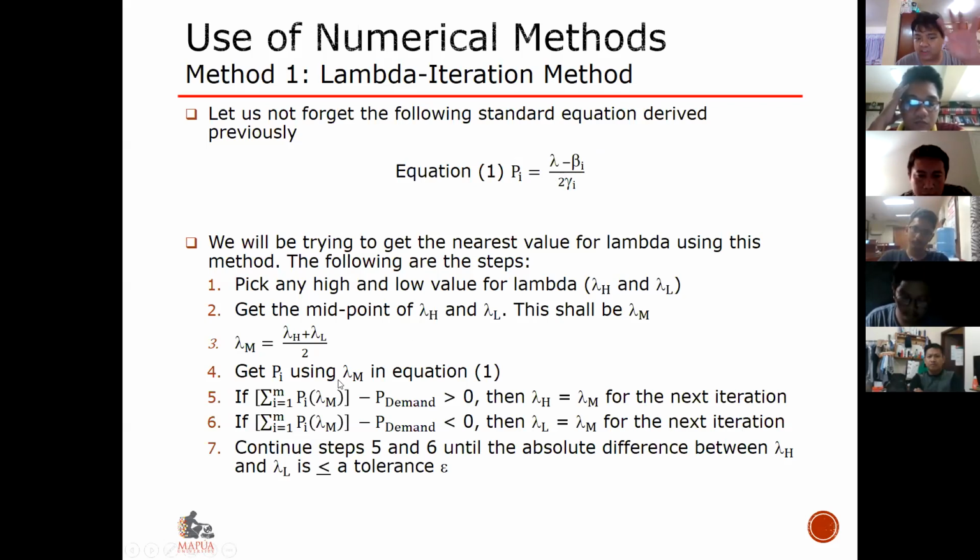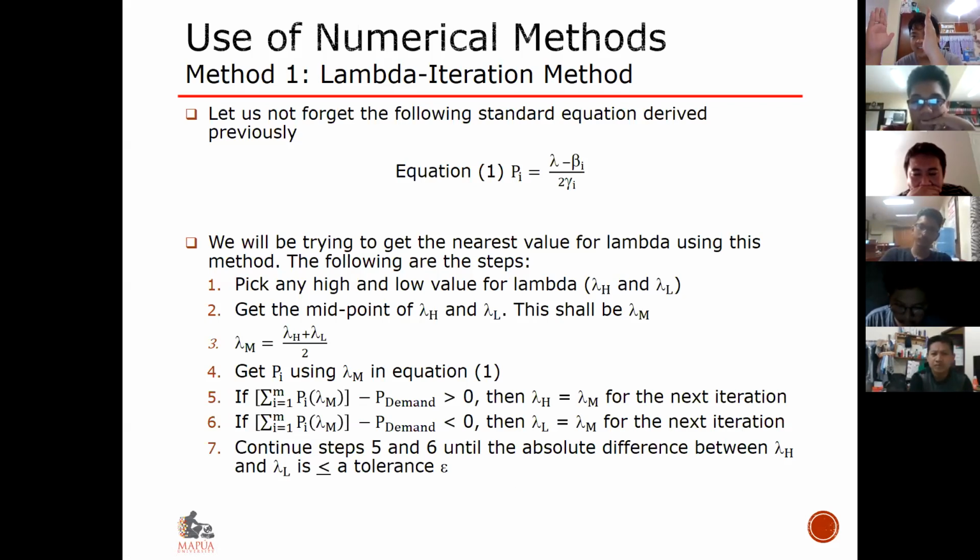If the sum of those generator P, using lambda m, is greater than the demand, sobra yung generation mo. Pagka greater than 0, palitan mo yung high value mo ng midpoint. So kunwari, ito yung low, ito yung high. Pagka masyadong mataas, palitan mo yung high mo, punta mo doon sa mid.